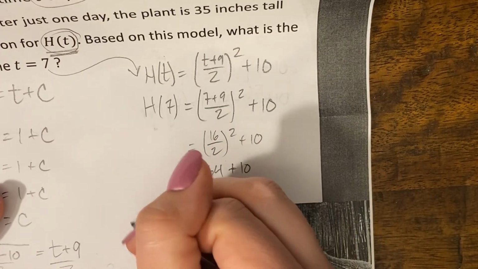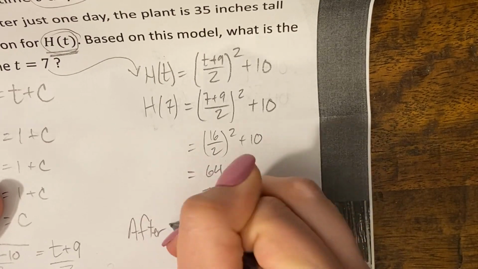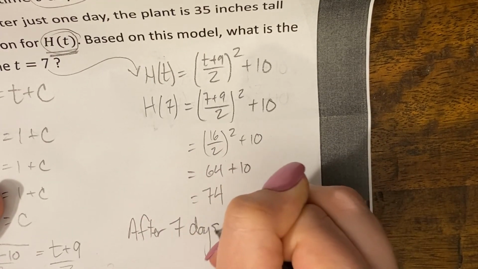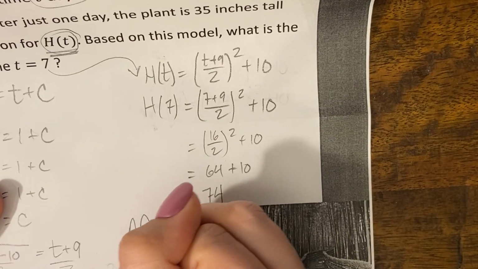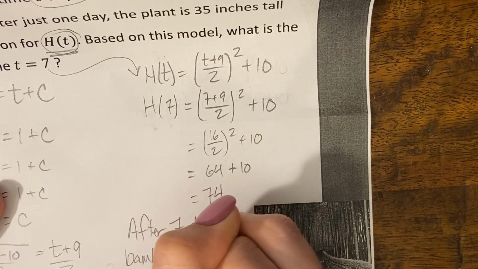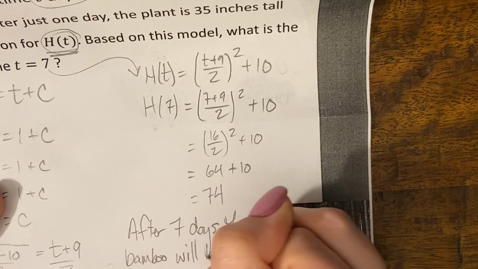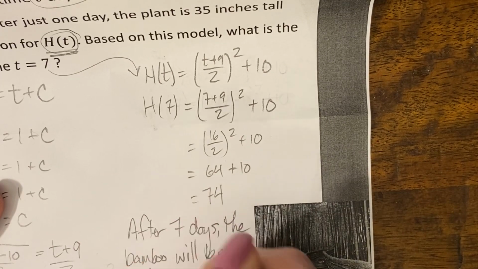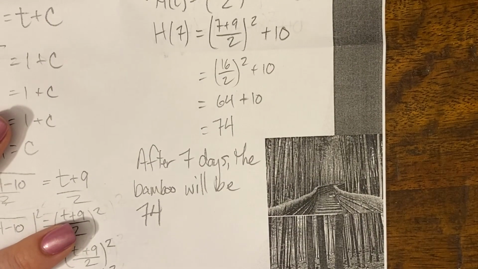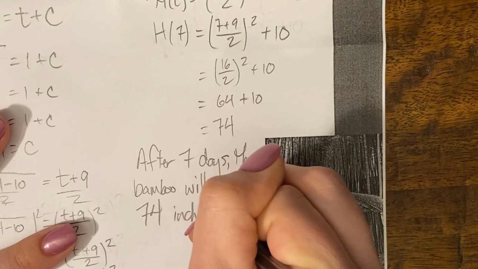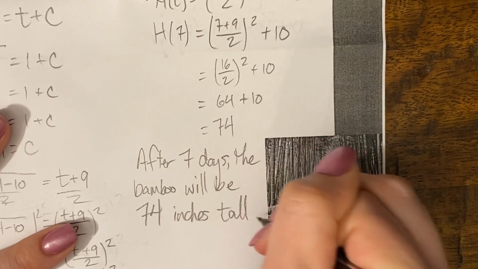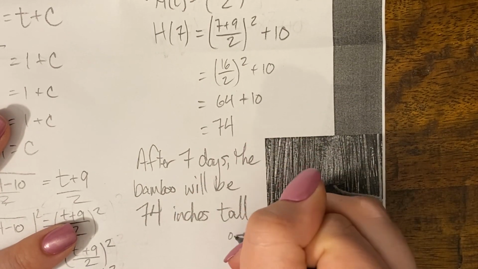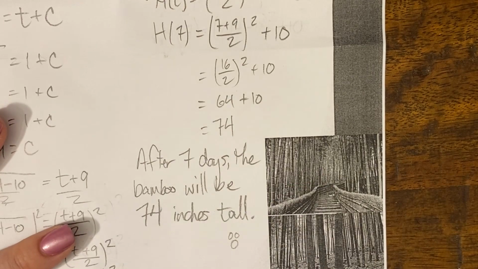So after 7 days, the bamboo stalk will be 74, think about the units, inches tall.